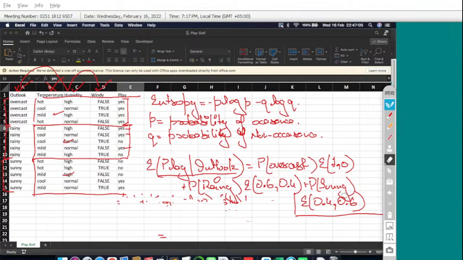This way we can calculate the degree of randomness to play if we know the outlook. Awesome. Now we can calculate the degree of randomness for all the columns.